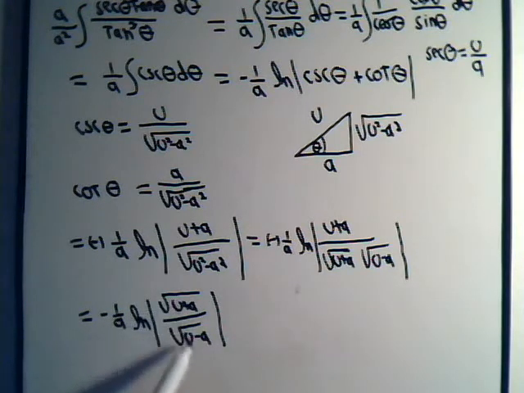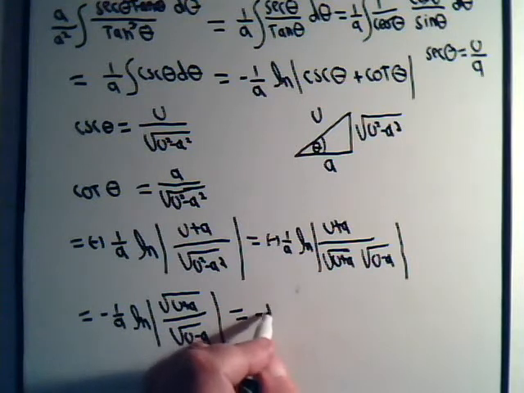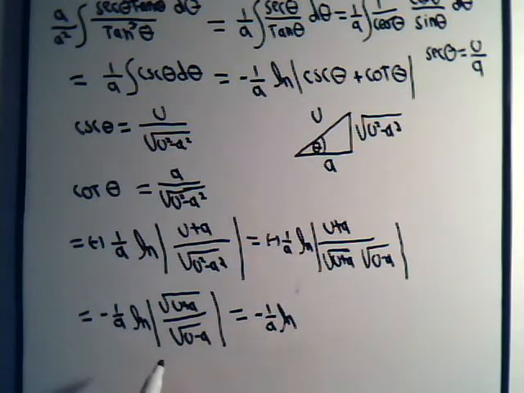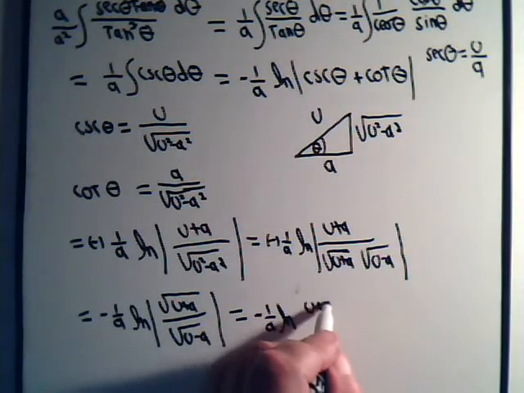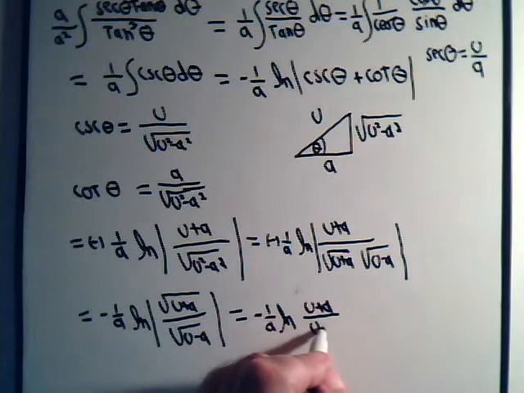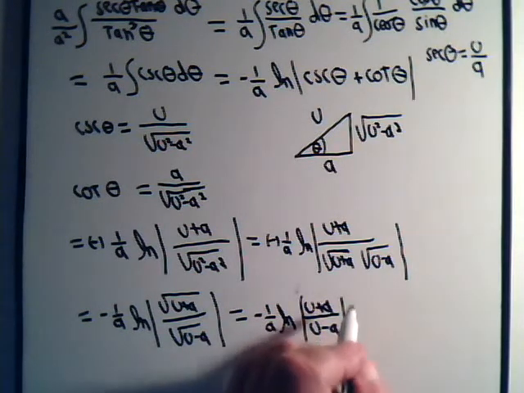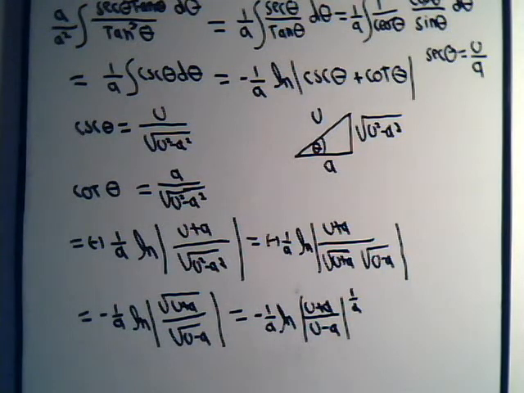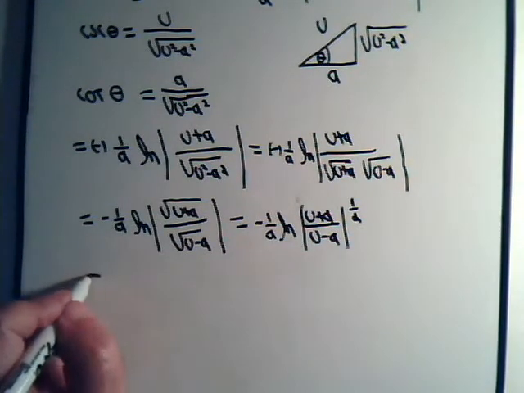Or we can put all this under one square root sign. That will equal minus 1 over a, the natural log of u plus a divided by u minus a to the 1/2 power.